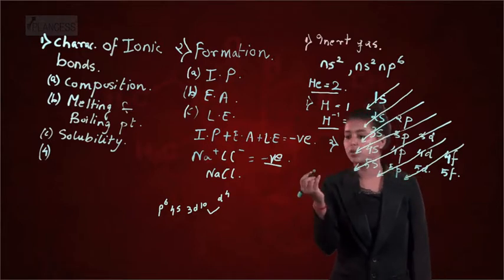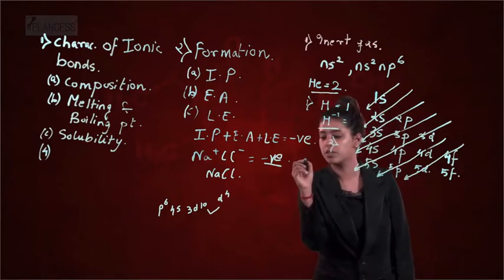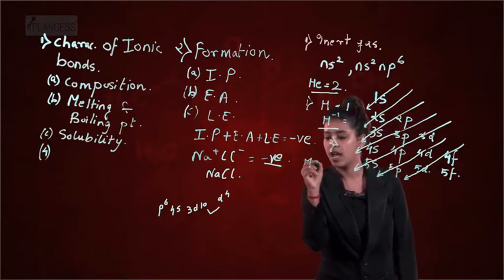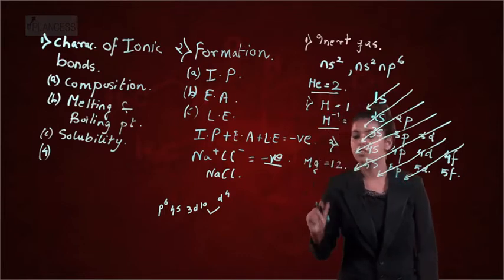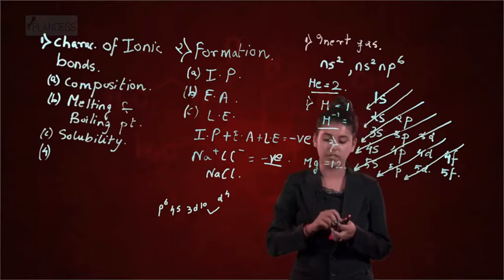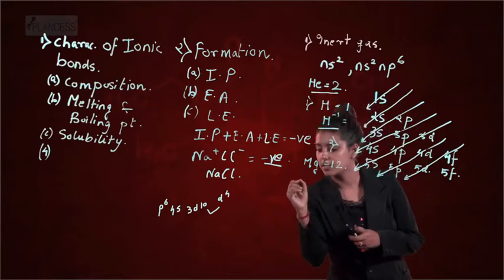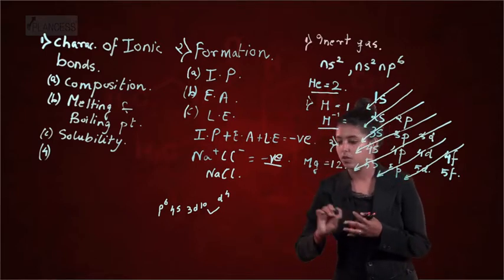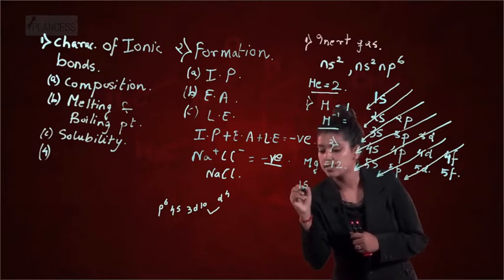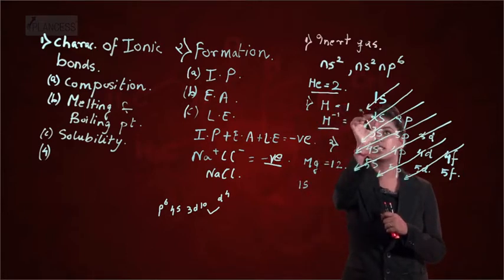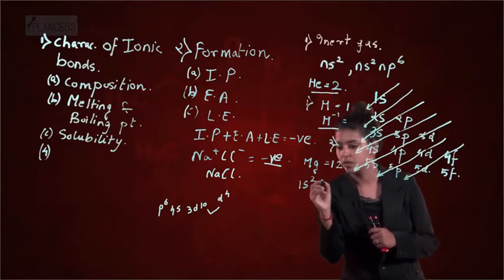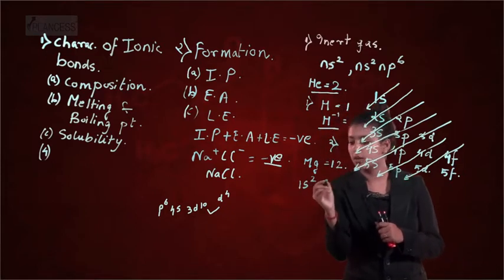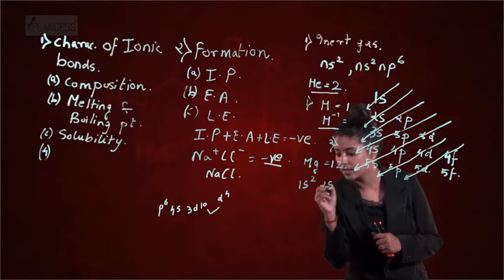Now let me give you an example. For example, magnesium, having atomic number 12. When you're writing the electronic configuration, first of all, it is 1s. As 1s appears first, it can contain 2 electrons. Next is 2s. Again, it can contain 2 electrons.